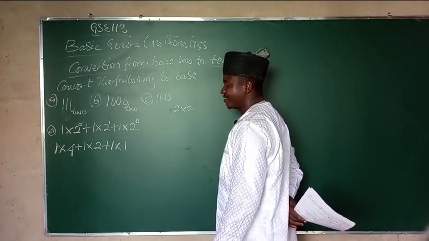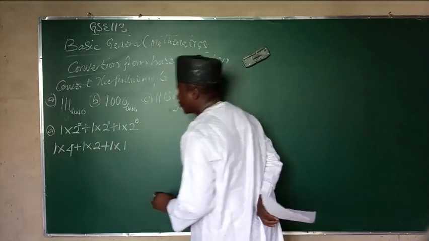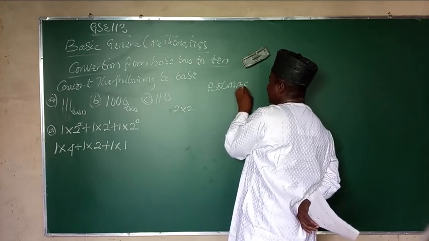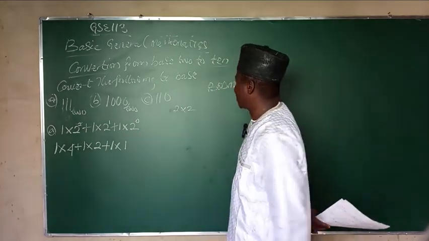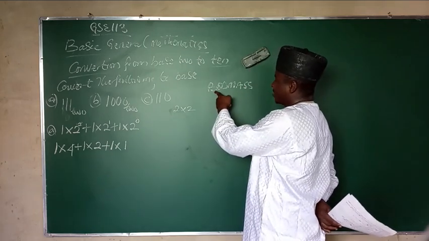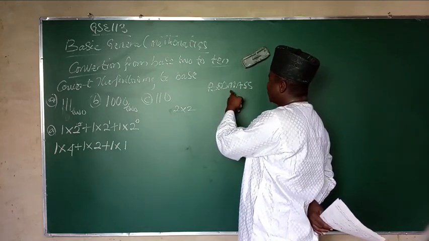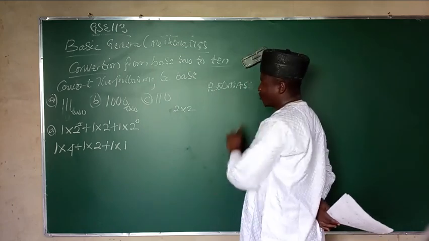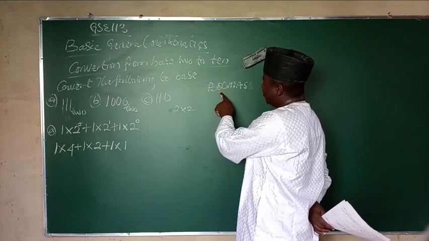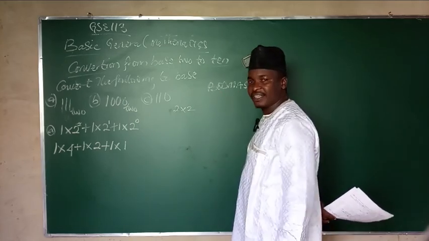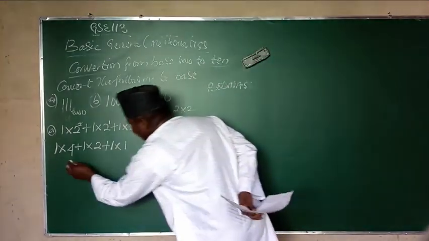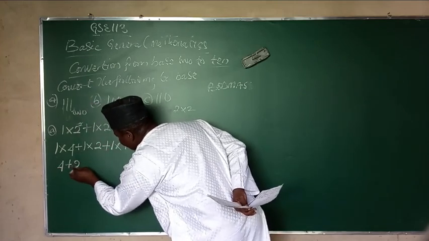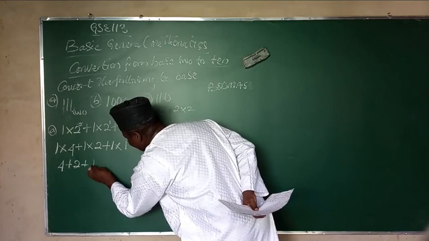What next? Now we are going to make use of what is called BODMAS. When you have an expression in mathematics, you first deal with the bracket, division, multiplication, addition, subtraction. So we follow this order. We don't have bracket, we don't have division, but we have multiplication. Then we treat the multiplication first. That's 1 times 4, which is 4, plus 1 times 2, which is 2, plus 1 times 1, which is 1.